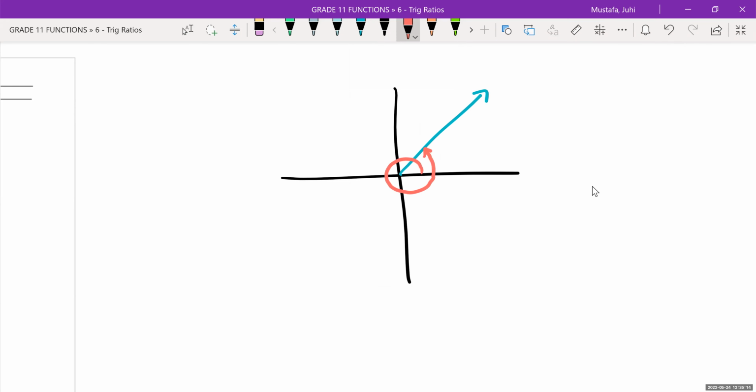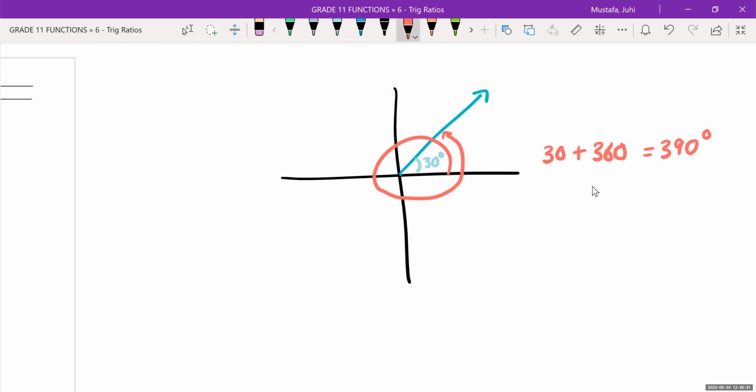This is known as a coterminal angle because you can actually describe this in two different ways. So let's give this an actual measurement. Let's say that the distance from here to here is 30 degrees. So you can describe this angle as 30 degrees, or you can take a full circle around and then add 30 degrees. So that would be 30 degrees plus 360 degrees, which would be 390 degrees.